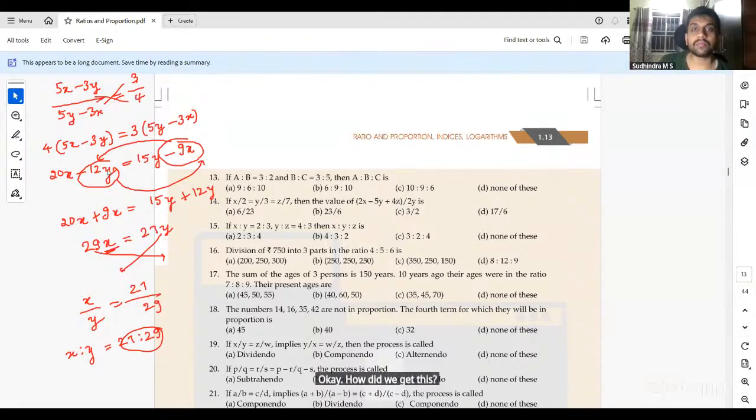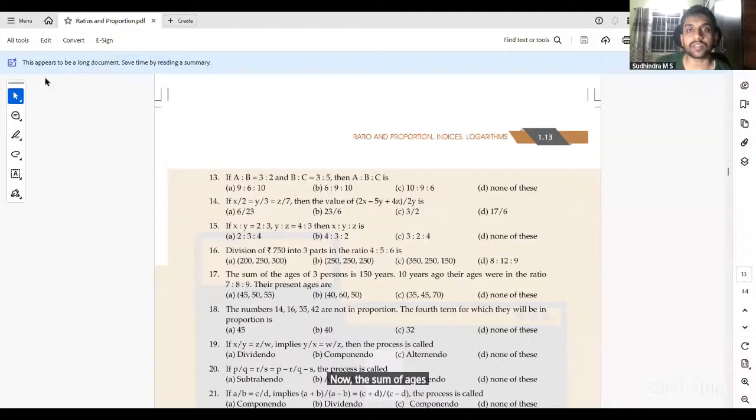Now, the sum of ages of 3 persons is 150 years. So 3 persons' ages put together is 150 years. Correct? So presently, if 3 persons' age is 150 years, can I say x plus y plus z is 150?